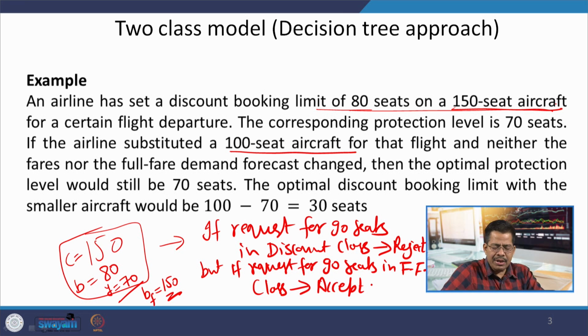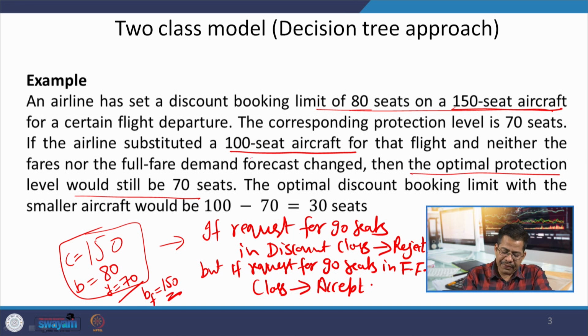There is no change in the full fare, no change in the discounted fare, and no change in the forecast for full fare, discounted fare, etcetera. So, the question is what will be the protection levels and the booking limits for this smaller aircraft.